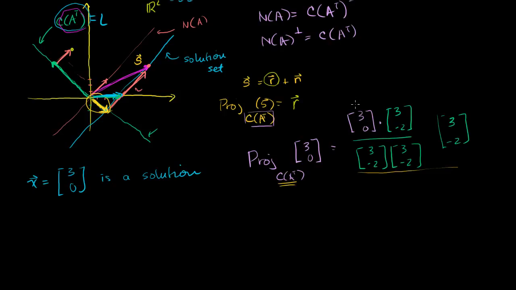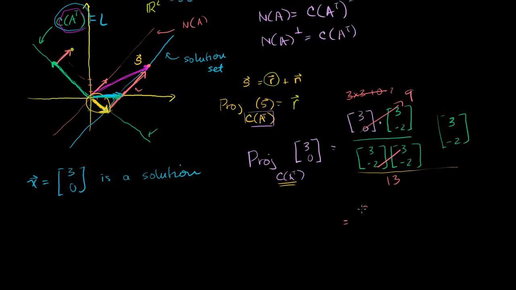So what is this? This is 3 times 3 plus 0 times minus 2. This right here is equal to 9. And this is 3 times 3 plus minus 2 times minus 2. So that's 9 plus 4, that's 13. So it's 9 over 13 times this vector right here.